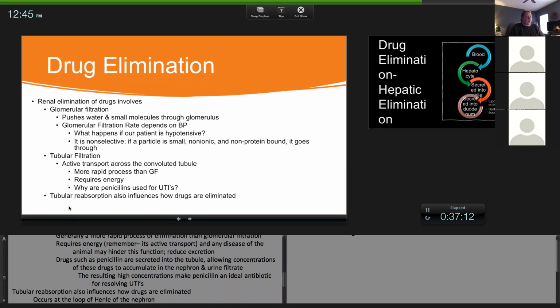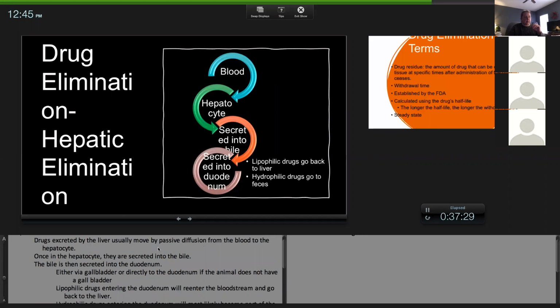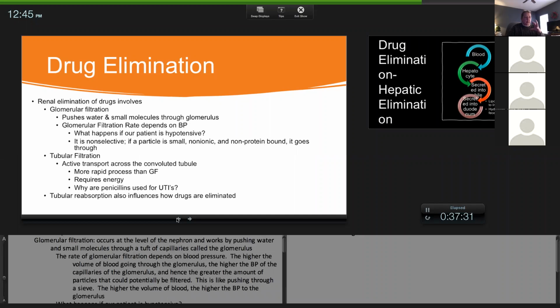But also, a drug like penicillin. Why are penicillins used for UTIs? Penicillins are secreted into the tubule, and they can accumulate in that tubular lumen and filtrate, and that's where we want the drug to cause its effect.